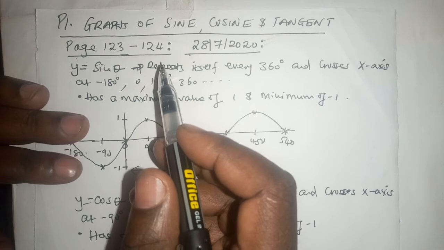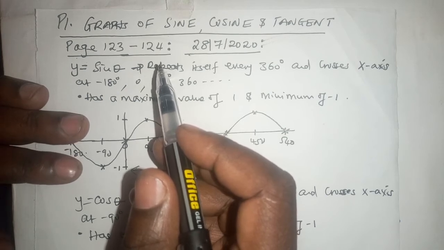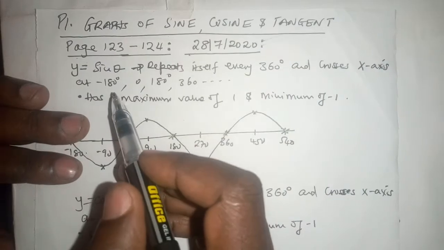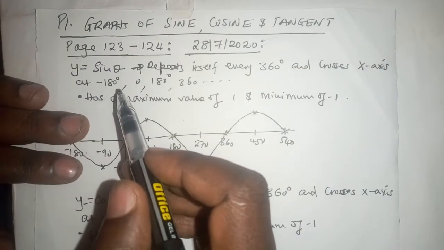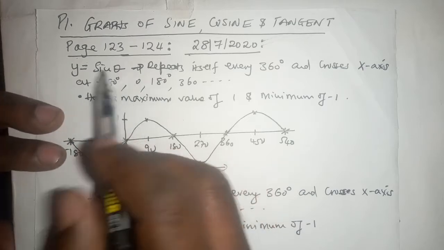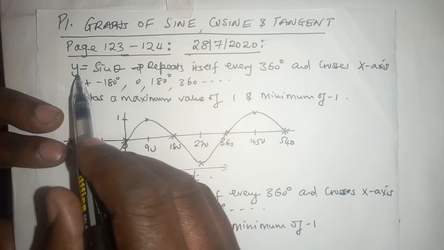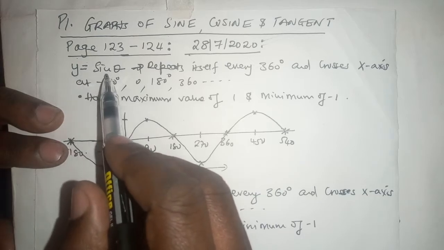Number one, the graphs of sine, cosine, and tangent are periodic. That means they repeat themselves after a certain interval period. So what if we just took one graph, y equals sine theta?